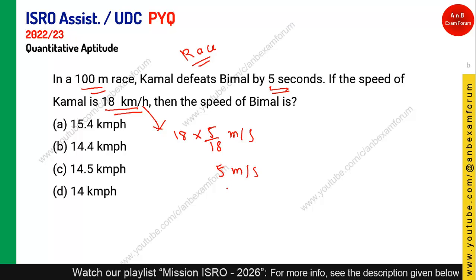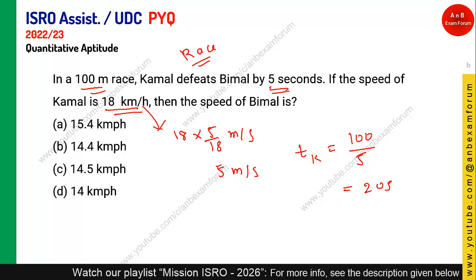The speed we got it. So let's calculate the time duration for which Kamal can complete the race. Time duration for Kamal will be 100 divided by 5, it becomes 20 second. So in 20 seconds Kamal is able to complete his race.